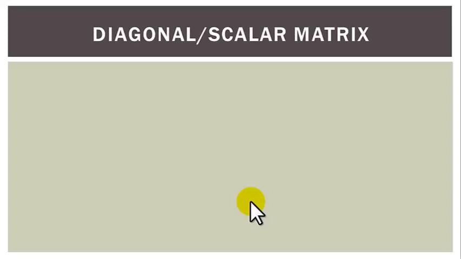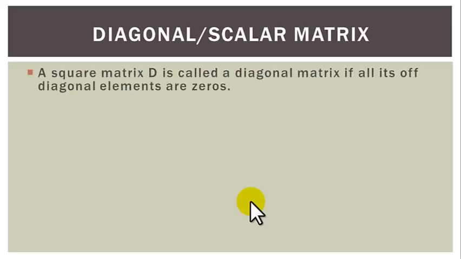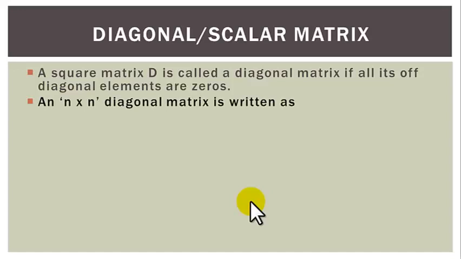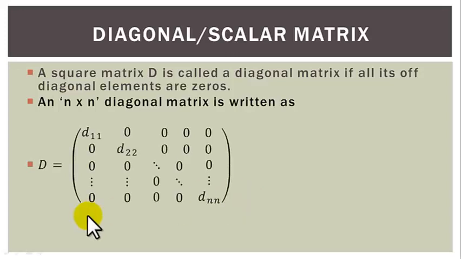Diagonal and scalar matrix. A square matrix D is called a diagonal matrix if all its off-diagonal elements are zeros. An n by n diagonal matrix is written as follows: D equals this.